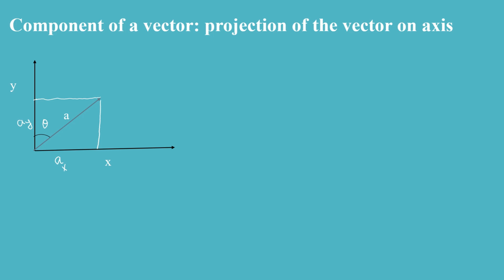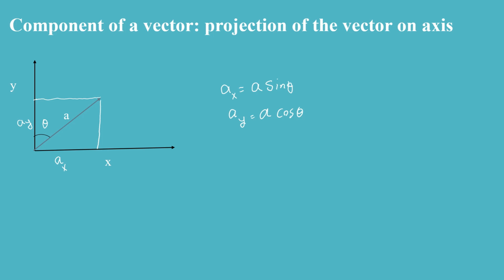Same thing I did in the previous one, but the thing is my Ax here gonna be A sine theta, right? Because now this x-axis is not close to the theta, right? And then Ay gonna be A cosine theta, right?